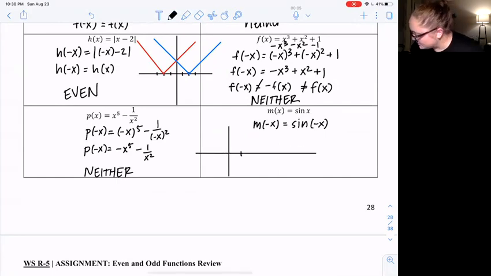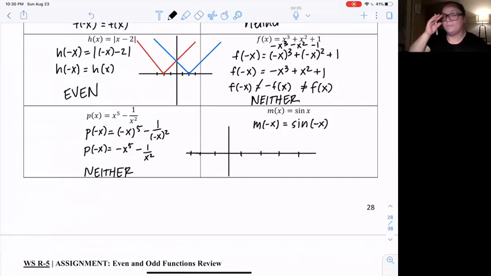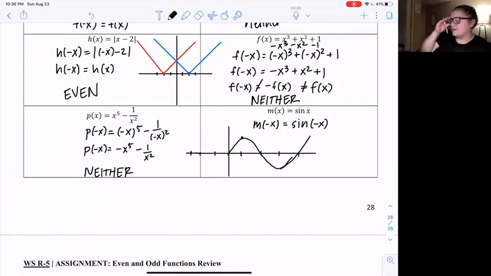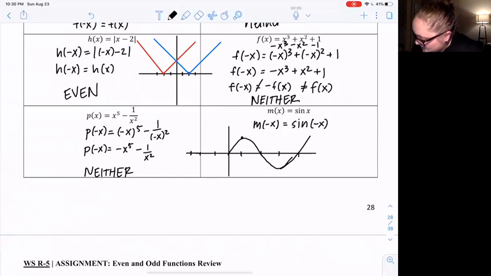So we have pi over 2, pi, 3 pi over 2, 2 pi, and the negative values too. As you know, pi over 2 is giving us a 1, pi gives us 0, 3 pi over 2 gives us negative 1, and 2 pi gives us 0, and it continues on in this fashion.